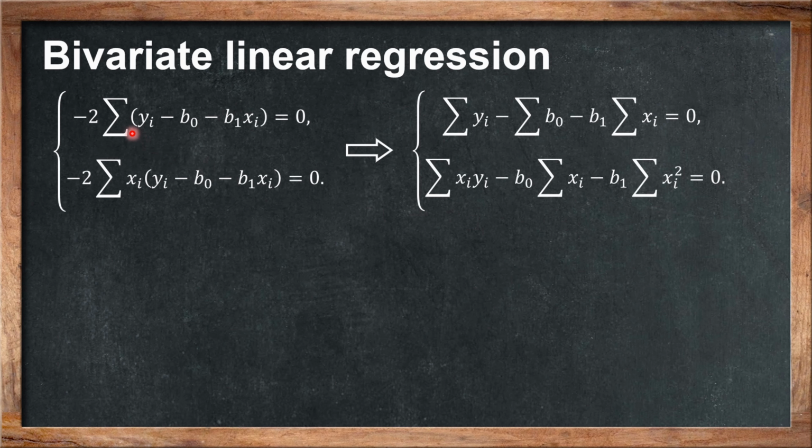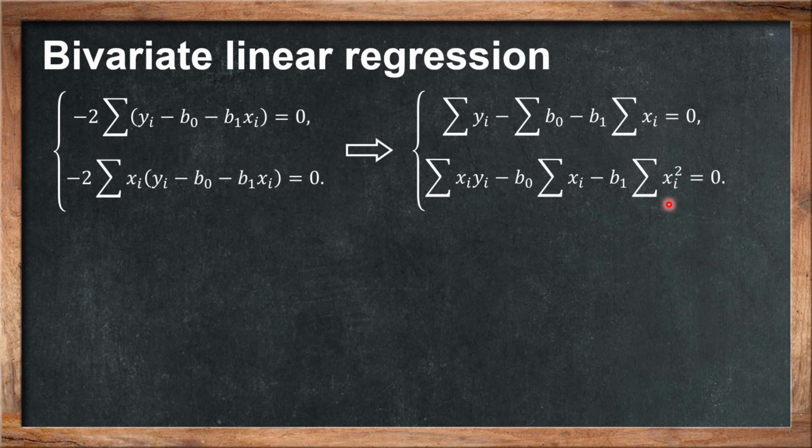You see, by removing the parentheses and canceling minus 2, we have sum of y sub i minus sum of B0 minus B1 sum of x sub i equals 0. The same with the second equation. We remove the parentheses and cancel 2 and the minus, of course. And we end up with sum of x sub i y sub i minus B0 sum x sub i minus B1 sum x sub i squared also equals 0.